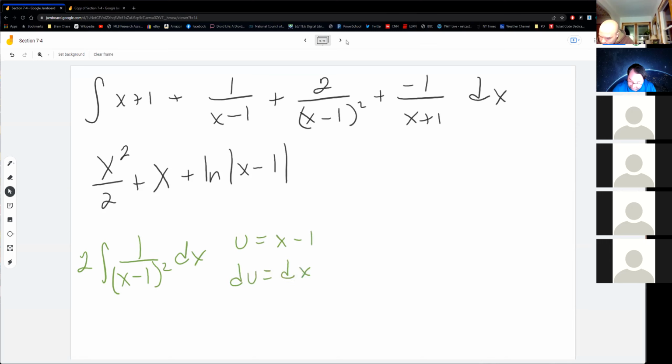So this problem becomes the integral of 1 over u squared, which is u to the negative 1 over negative 1. So it's negative 1 over u. So in this case, it'll be negative 1 over x minus 1.